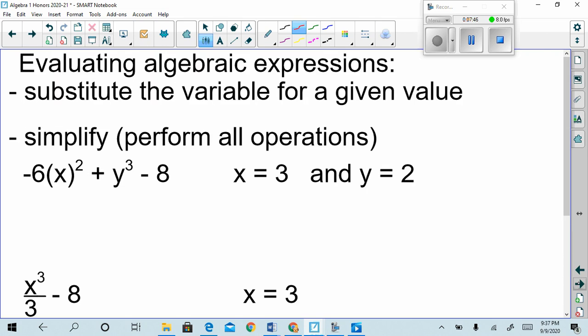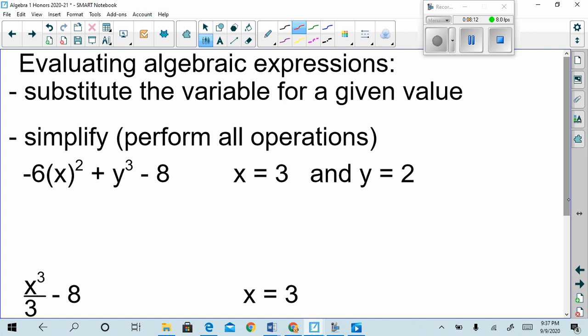And the last thing I want to talk about in this introductory class is evaluating algebraic expressions, which simply tells us to substitute or replace the variable for given values. There could be one variable, there could be two variables. It all depends on the situation. Simplify and then perform all the operations.